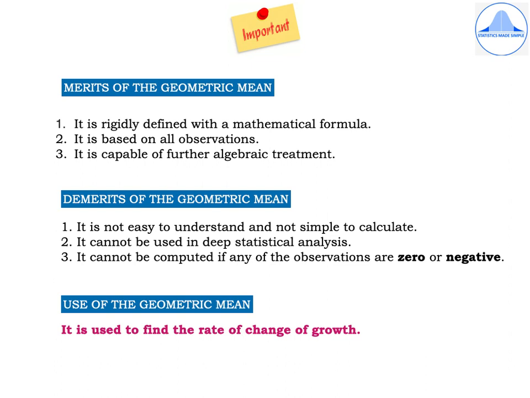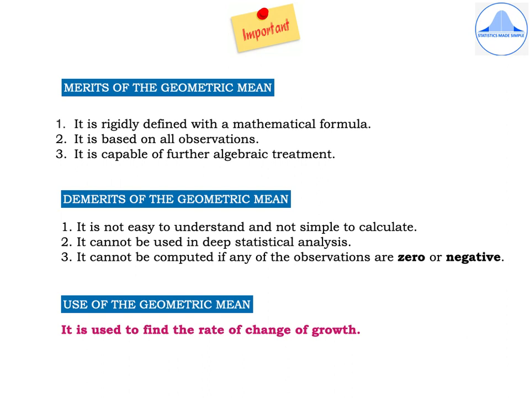Let us now learn the merits, demerits, and use of the geometric mean. Some of the merits of the geometric mean are: it is rigidly defined with a mathematical formula, it is based on all observations, and it is also capable of further algebraic treatment.